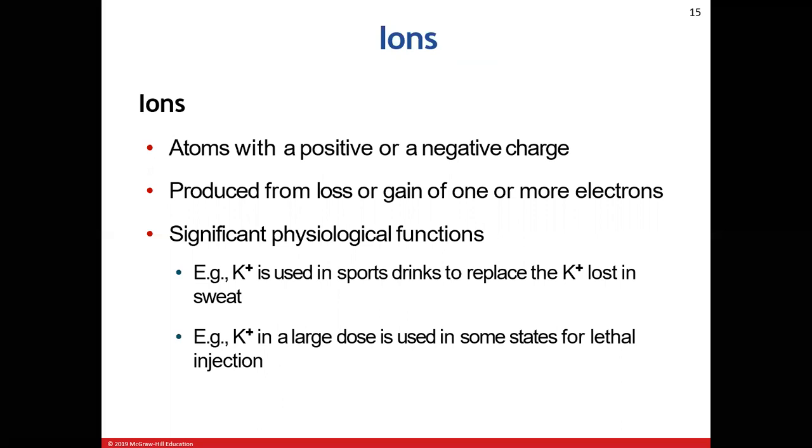And we're going to see these ions used in a lot of our physiological functions. Okay. So if we look at potassium, for example, potassium typically becomes a more positive ion. It will actually give up an electron, which means it's losing one of its negative charges and becomes positive. And we're going to see that it's used in sports drinks to replace the potassium lost in sweat.